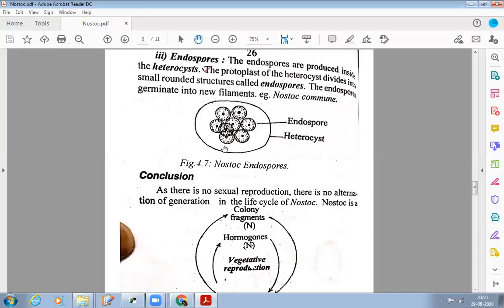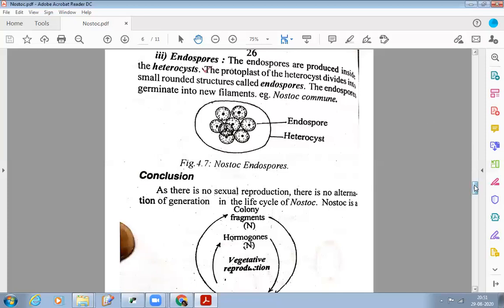Endospores. So many endospores are developed inside the heterocysts upon continuous division of the protoplast. These endospores germinate into new filaments. Upon the arrival of favorable conditions, each endospore will develop into an individual filament.